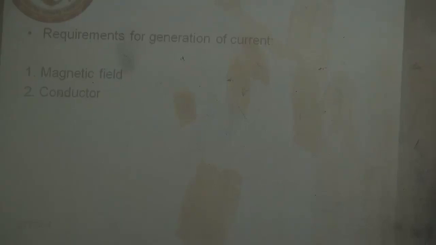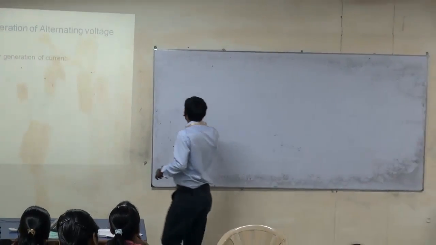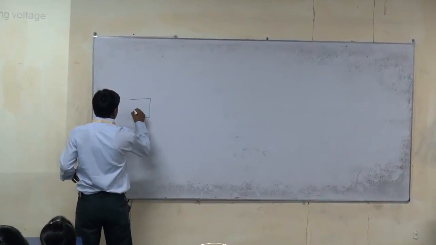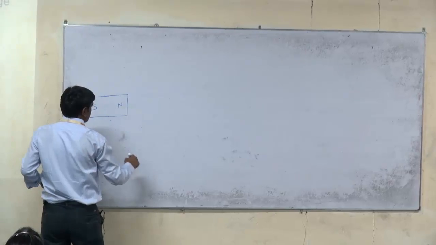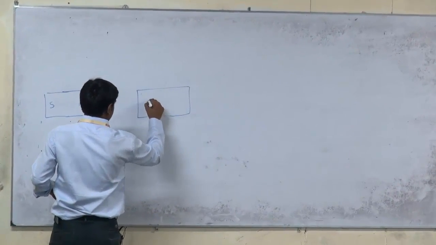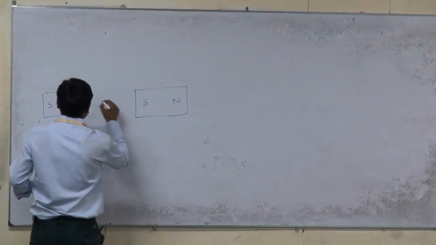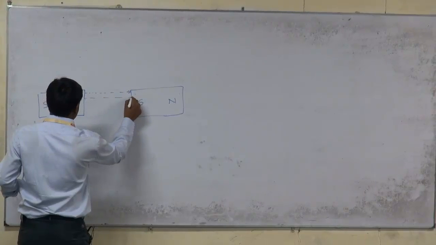So if we have the magnetic field, let me draw a bar magnet. This is the south pole and north pole, and another bar magnet, with south pole and north pole. The flux, the magnetic field, will flow from north pole to south pole.